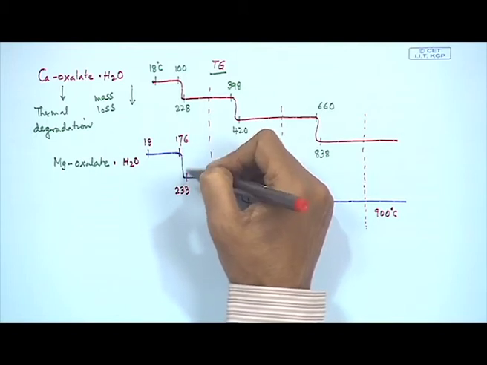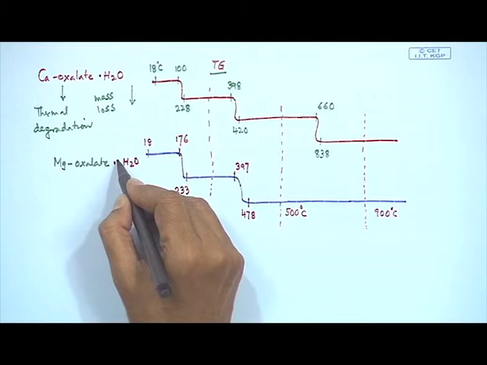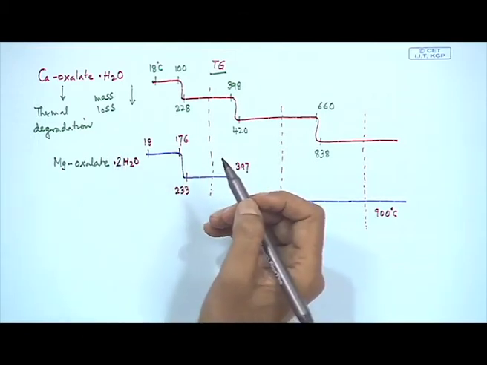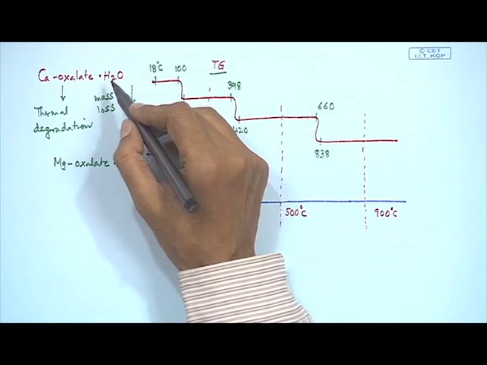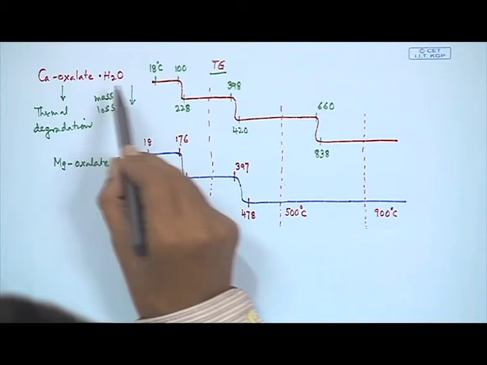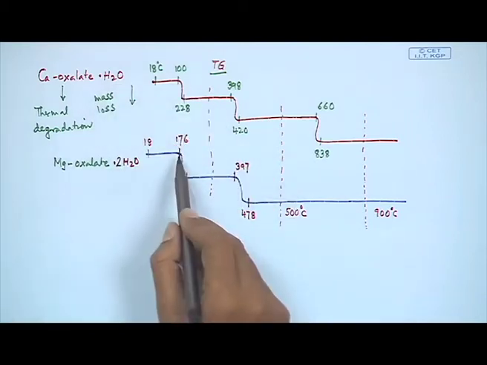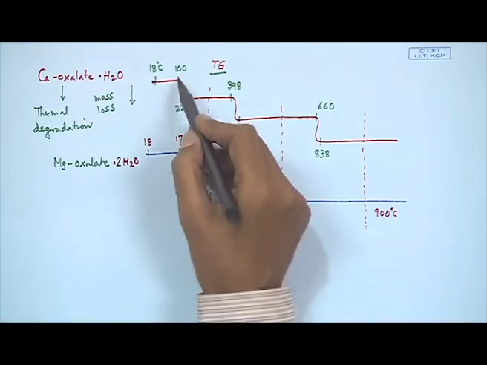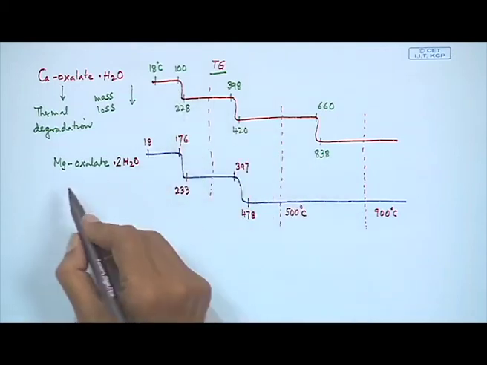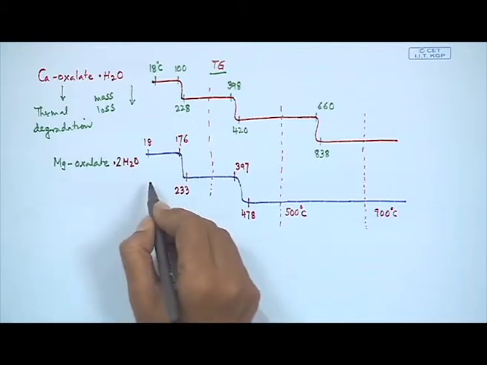So, the mass loss in case of your magnesium sample is more compared to your calcium sample. That immediately signifies that here we have more water of crystallization, which is a dihydrate, compared to your calcium oxalate, which is a monohydrate. So, calcium oxalate monohydrate is stable up to 100 degree centigrade, whereas magnesium oxalate dihydrate is stable up to 176 degree centigrade. And as a result, if we select these two temperatures, those are the useful temperature ranges for our gravimetric analysis.